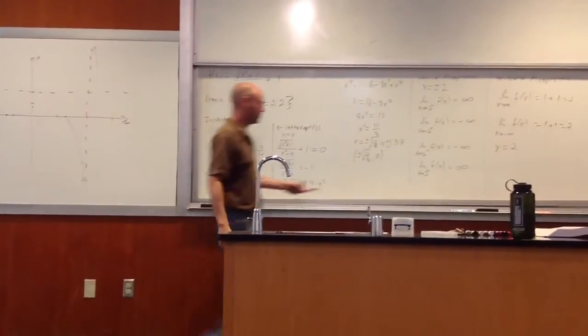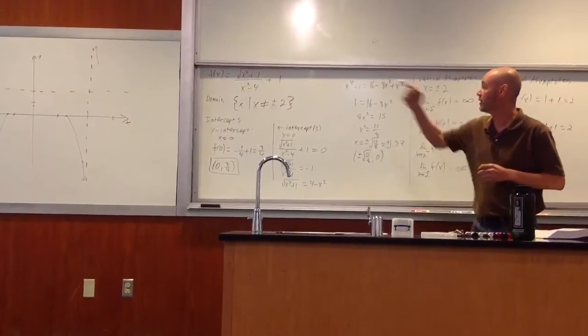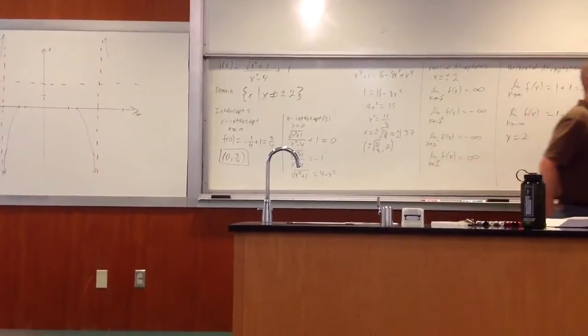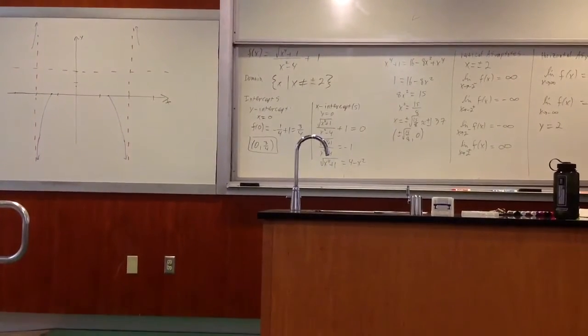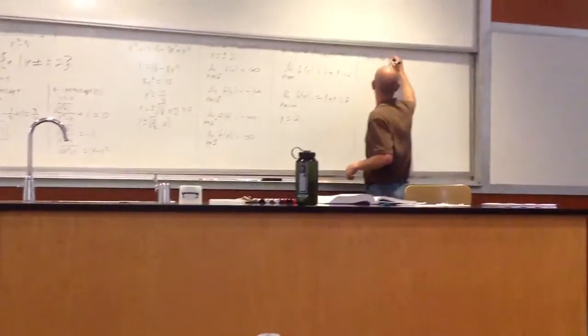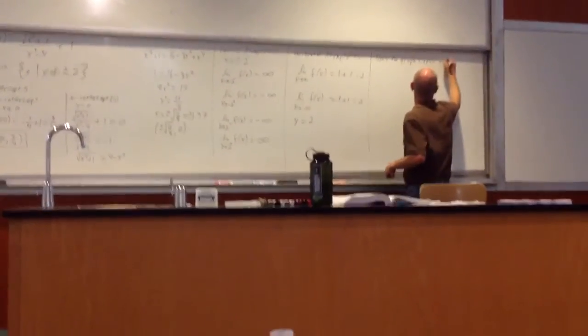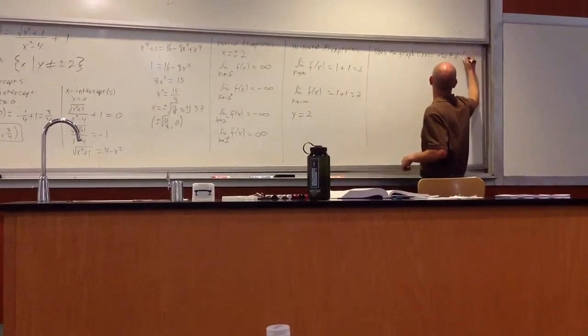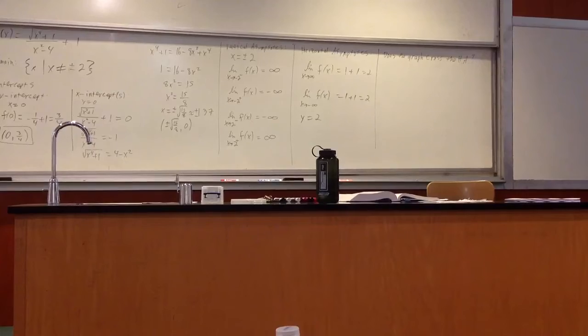Now, I should be asking the question, do they cross the horizontal asymptote? That does happen sometimes. How do we figure that out, you think?